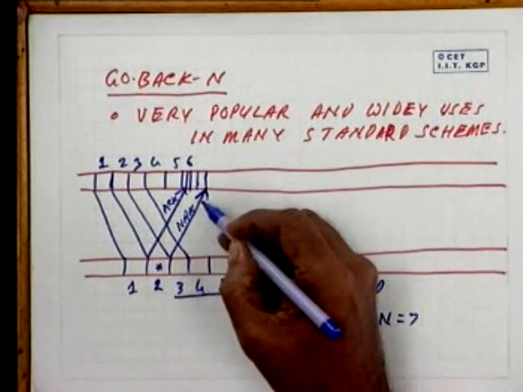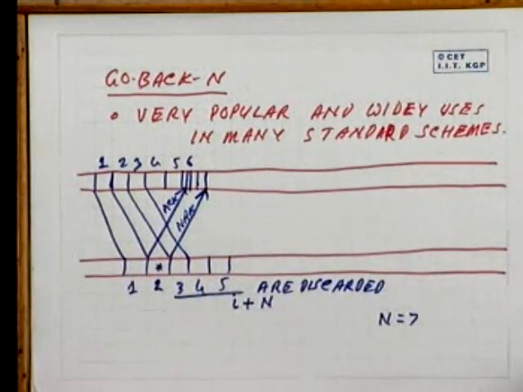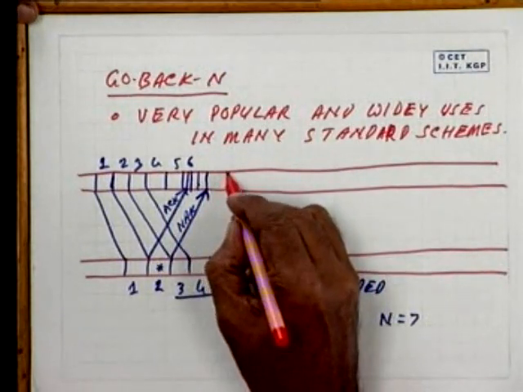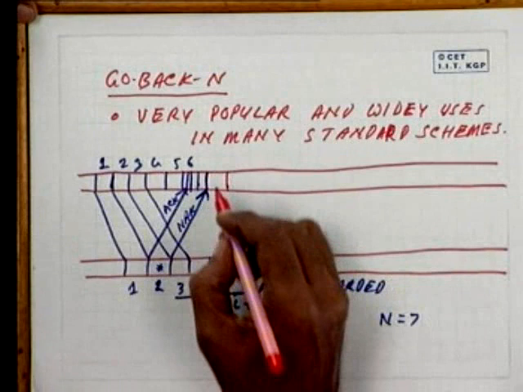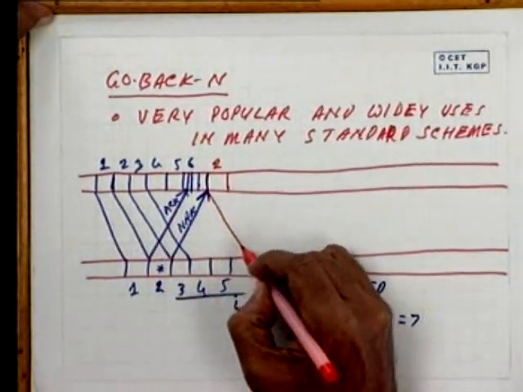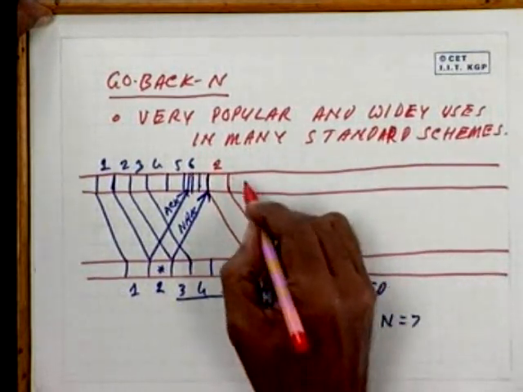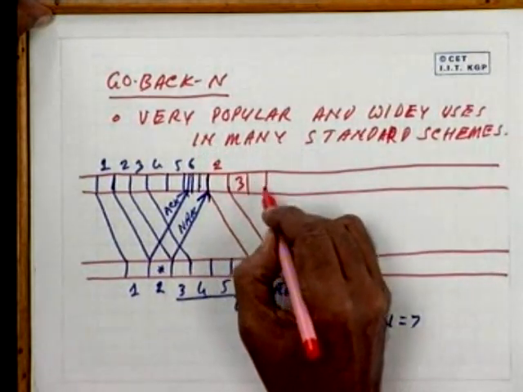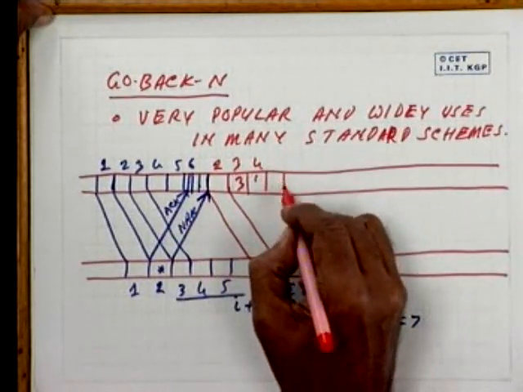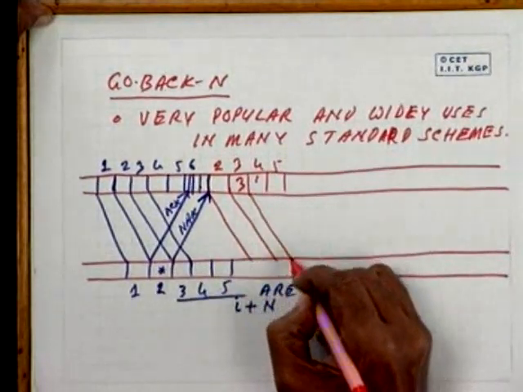And what the transmitter does, after receiving a negative acknowledgement, is start sending frame number 2 again. So it starts sending frame number 2, then 3, then 4, 5, and so on.